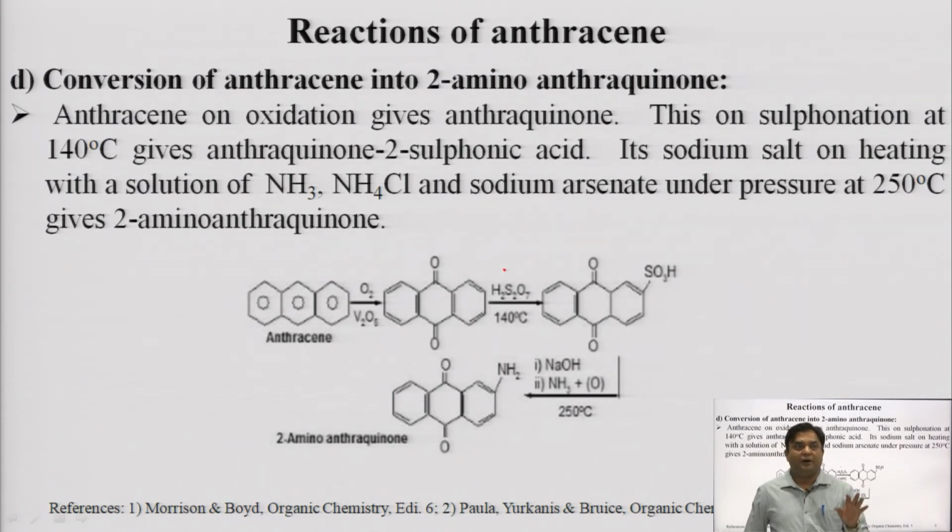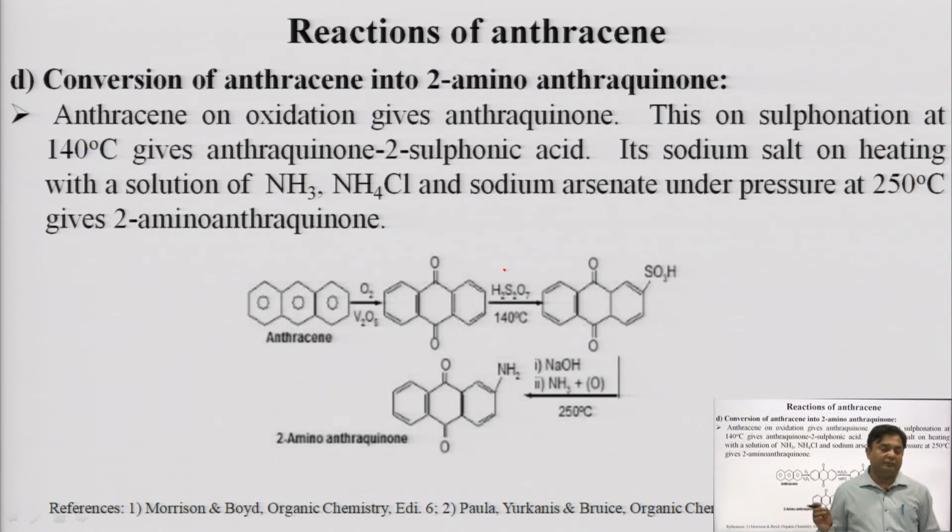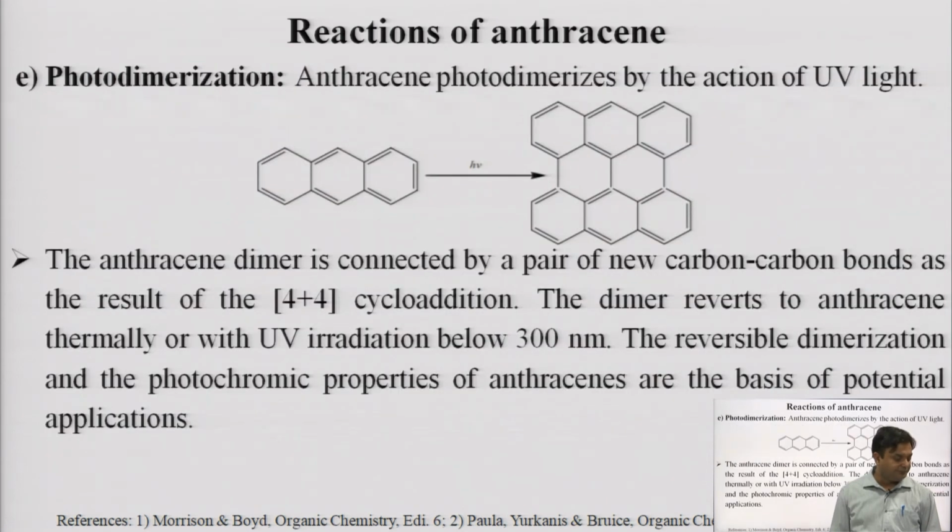Its sodium salt on heating with a solution of ammonia, or we can take NH4Cl or sodium arsenate, under pressure at a higher temperature, more than 240 to 250 degrees centigrade, is easily converted into 2-aminoanthraquinone. This is a very important compound. It is widely used in synthetic chemistry to prepare different lead compounds when we are going for the preparation of different organic compounds of medicinal uses.